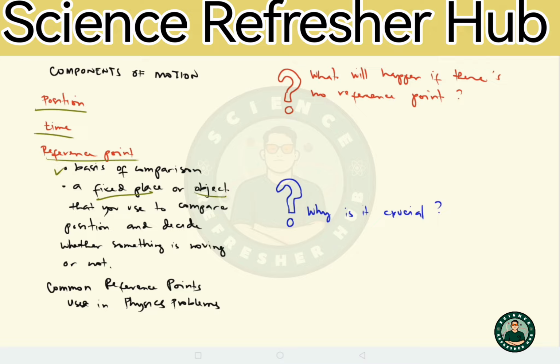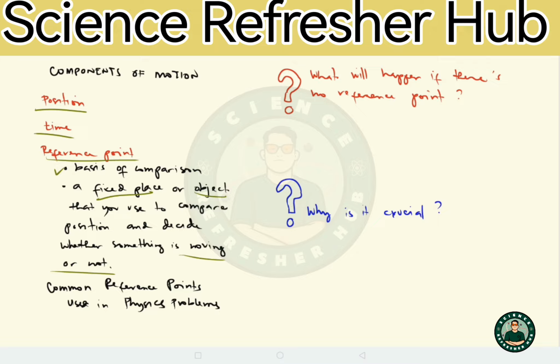It could be a fixed place or an object that you use to compare position and decide whether something is moving or not moving. Just like the example a while ago. Relative to the bus, you're just sitting, so you're not moving, as the bus is your reference point. But in a moving bus, you're sitting there, and then the reference point is the ground where the bus is moving, so you're also moving. Okay? So reference point is very important in determining the motion of the object.